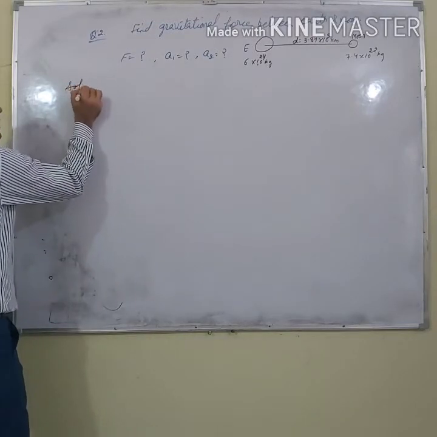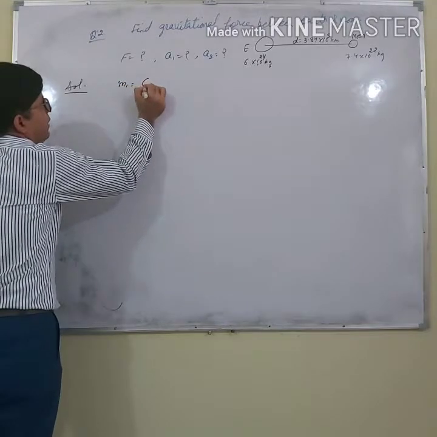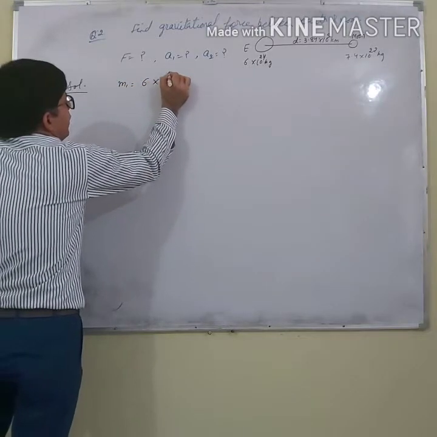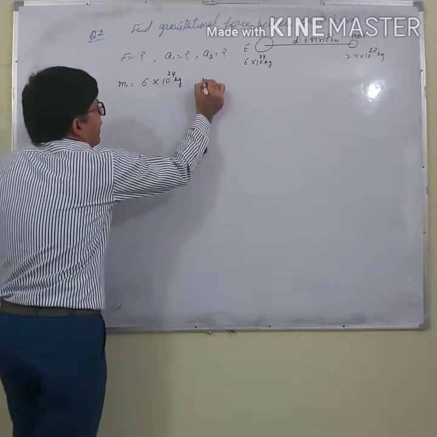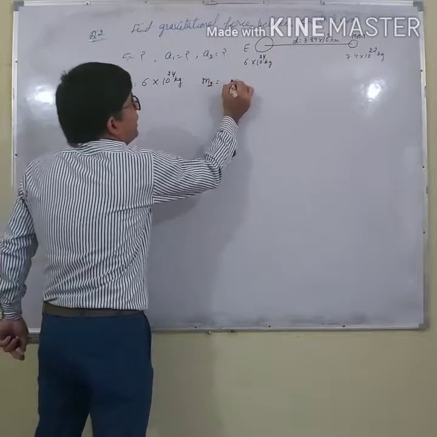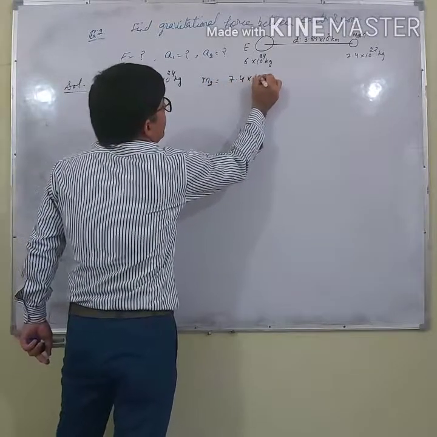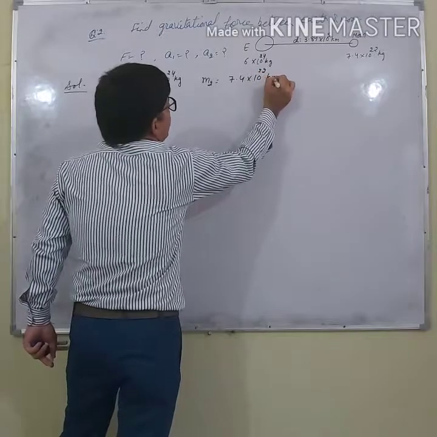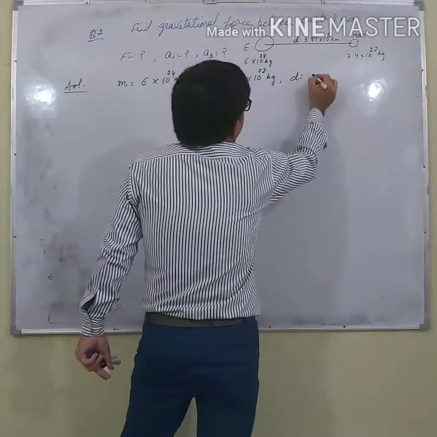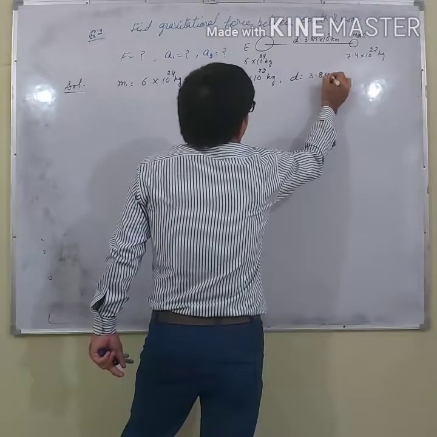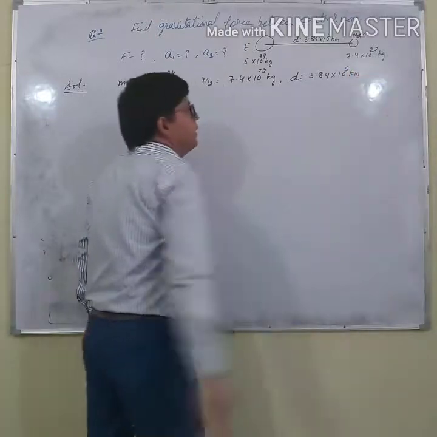Now let us say m1 is the mass of the earth. It is 6 × 10^24 kilogram. m2 is the mass of the moon, 7.4 × 10^22 kilogram, and the separation is 3.84 × 10^5 kilometer.